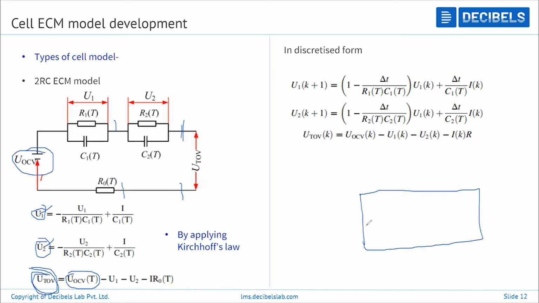So this I can say as minus, this I can say as plus, and this resistor, capacitance. I'm just trying to draw the same thing within the cell.